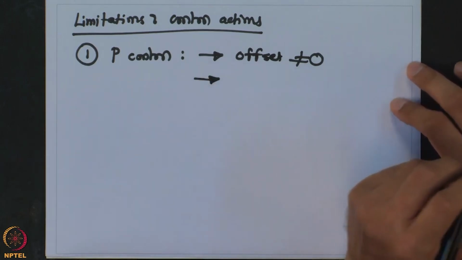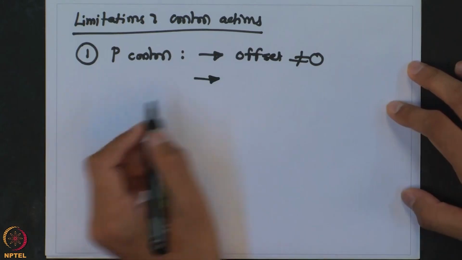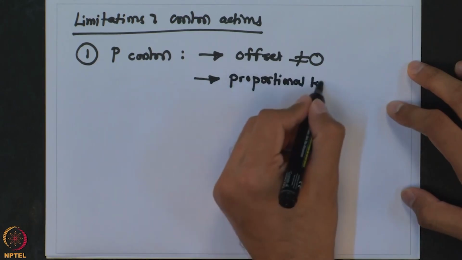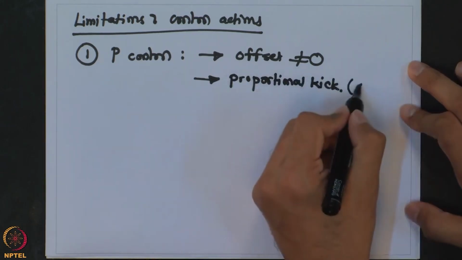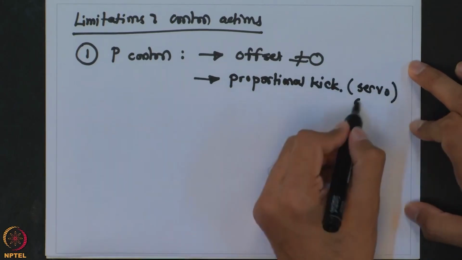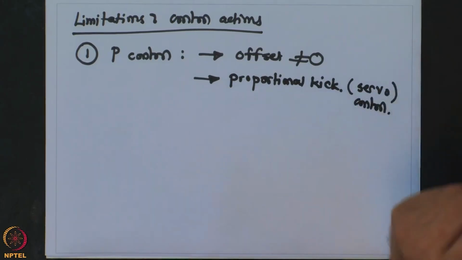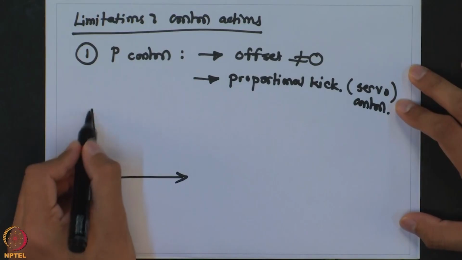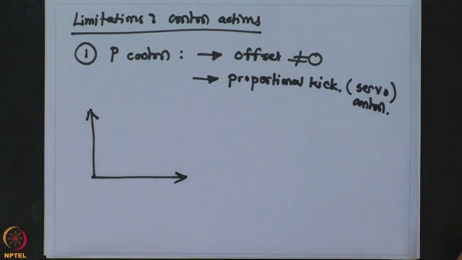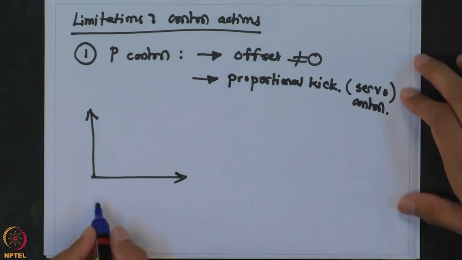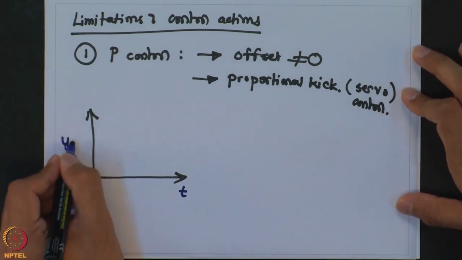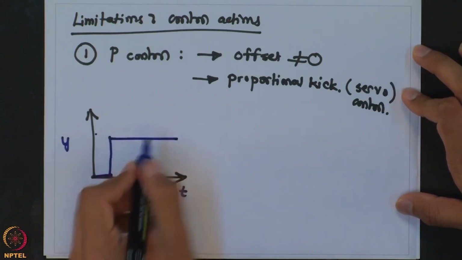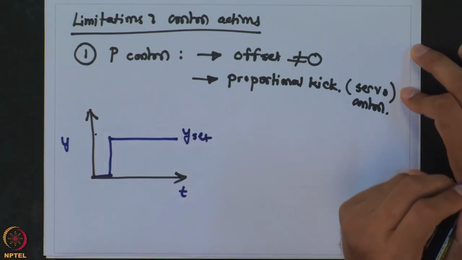And there is one more thing: whenever you have a proportional controller, it results in proportional kick, when we have a servo control. By proportional kick, what I mean is, let us say at certain time I requested a set point change.